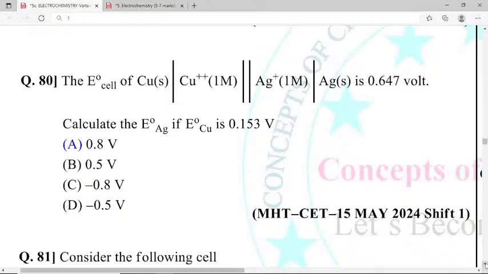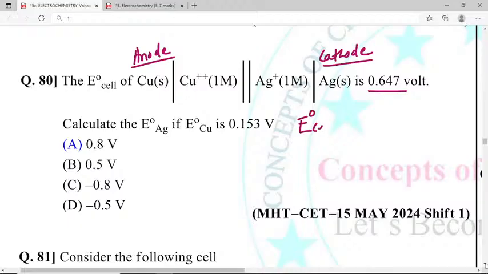Same question here. E naught cell is given, and E naught of copper is given, we have to calculate silver. So this is the anode, copper anode, silver cathode. Left side anode, right side cathode.